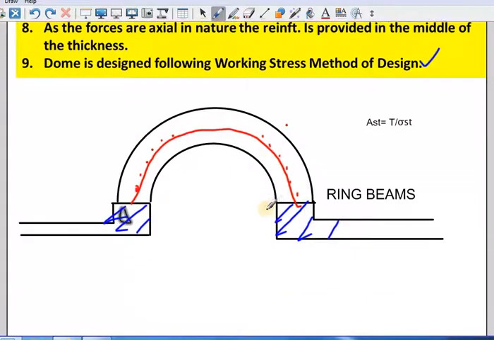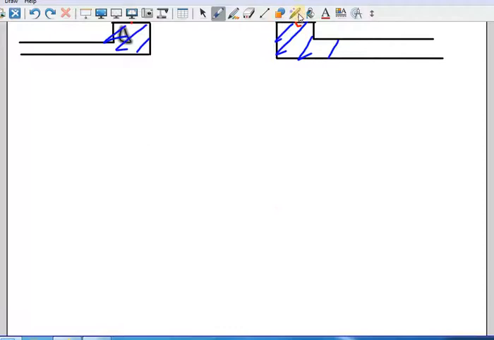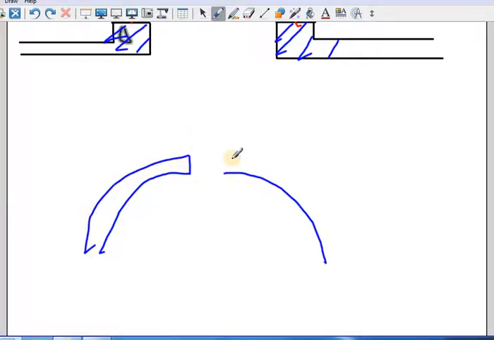Sometimes what will happen is, there may be some lanterns, as I told you before. This is your dome like this, and this is the thickness of the dome. There will be some lanterns to take care of horizontal light, skylight like that.